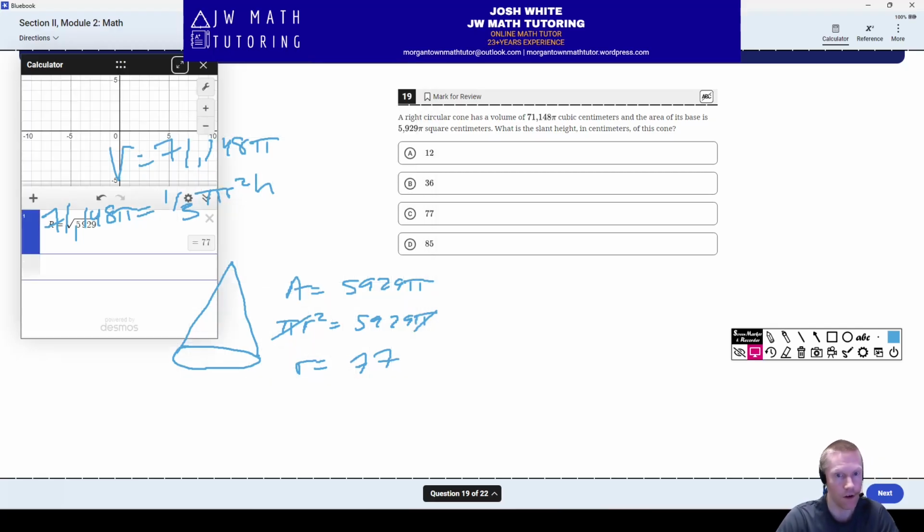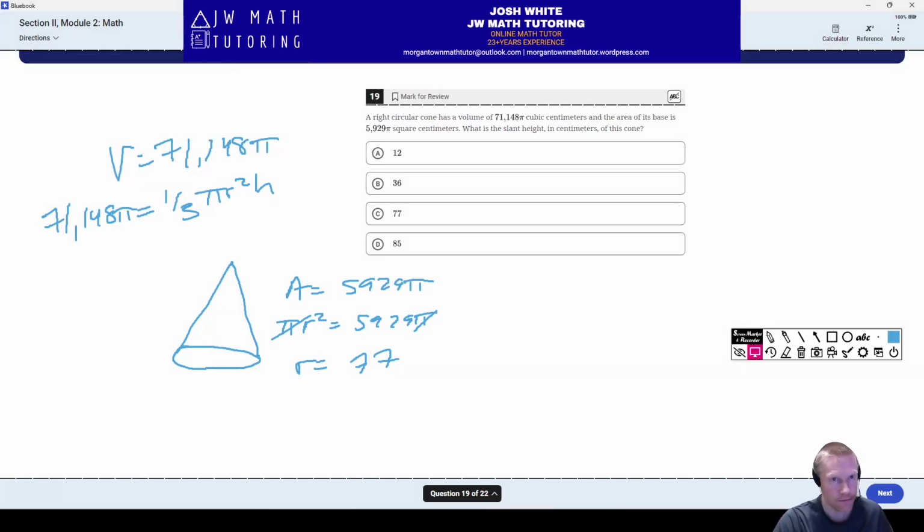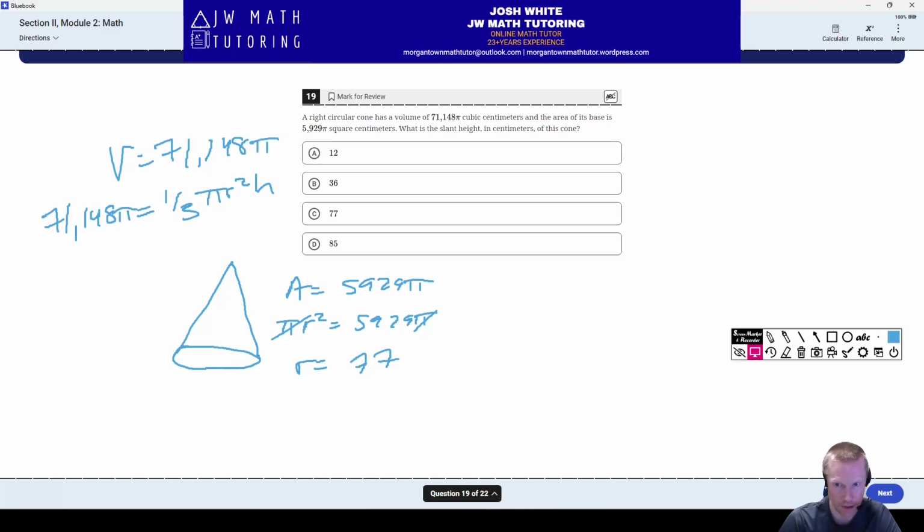But anyways, store that in as R, capital R, just for right now. All right, now we can use that to find the height. Now, I will mention one thing just after I calculate this height.